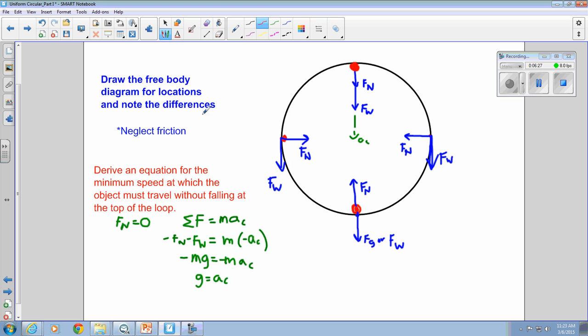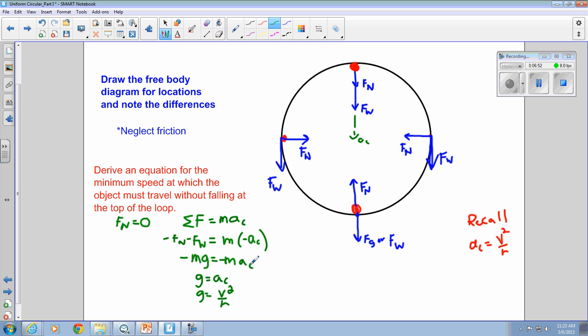We have a formula for centripetal acceleration. Recall that centripetal acceleration is equal to v squared over r. So now we have g, gravity, equal to v squared over r.